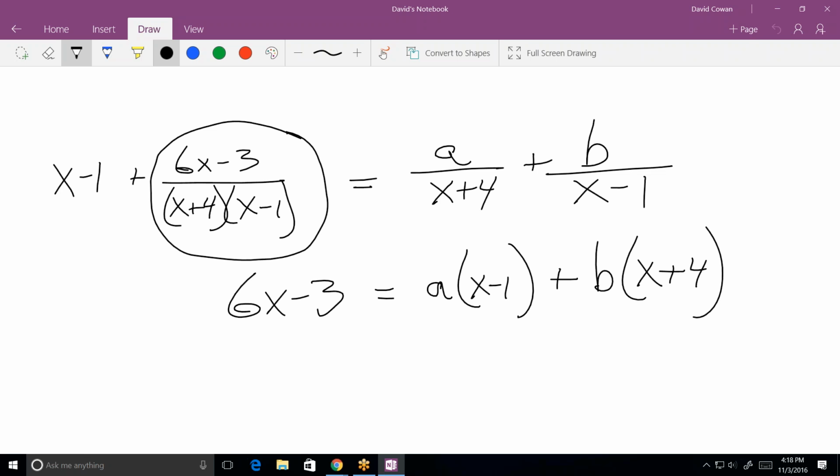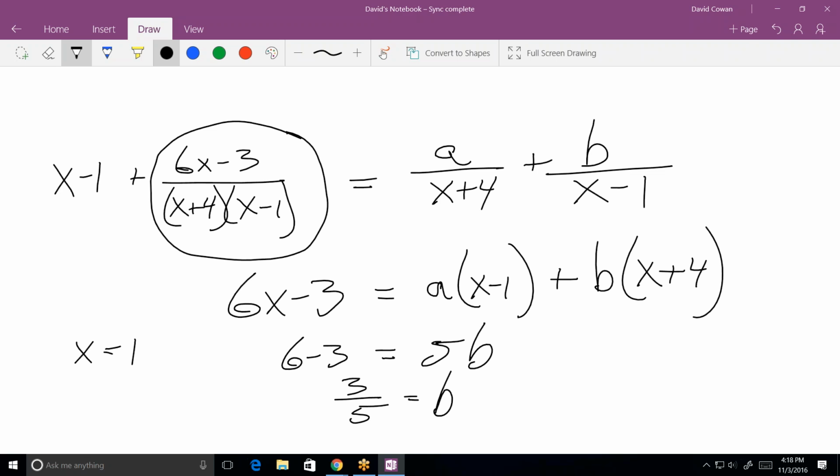So we could let x equal 1, and that would cancel out A. So when x equals 1, give me the equation. It would be 6 minus 3 equals 5B. B equals 3/5.